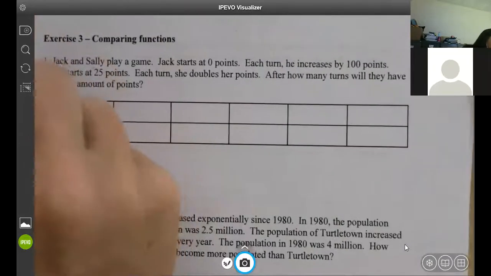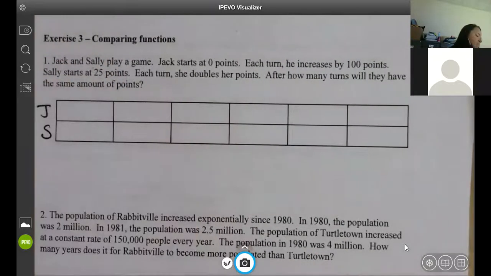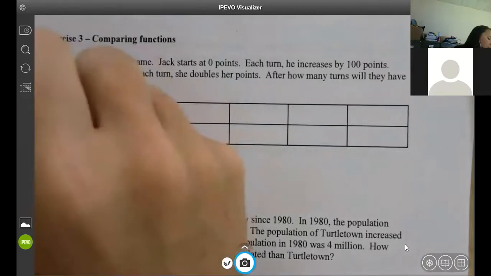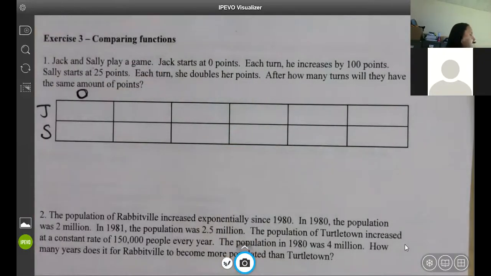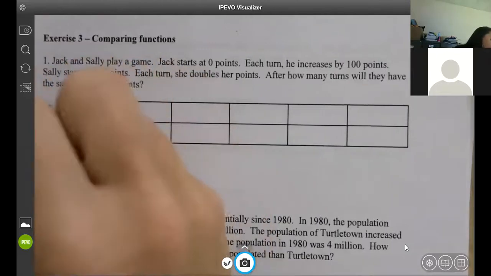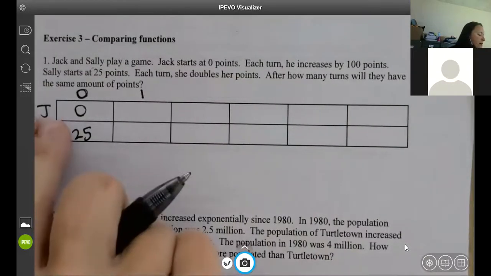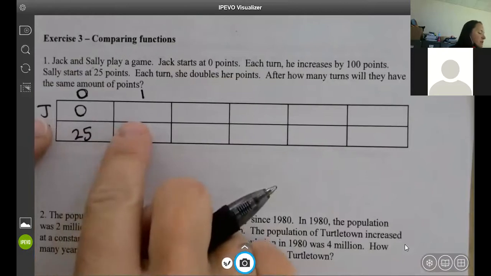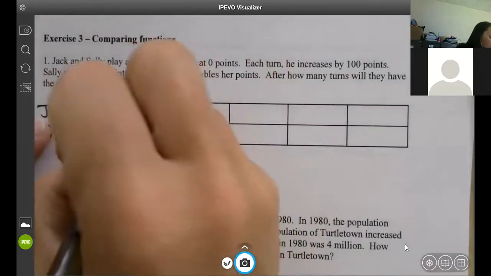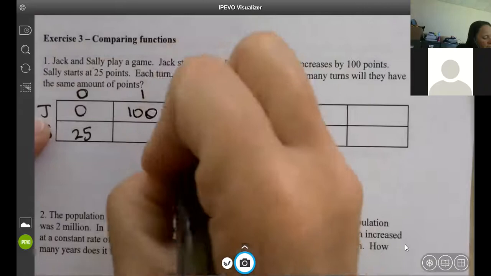So we have Jack and Sally. Before they even begin, how much does Jack have? 0. How much does Sally have? 25. All right, each turn she doubles. Each turn he increases by 100 points. So here's Jack. On turn 1, how much is he going to have? Turn 2.